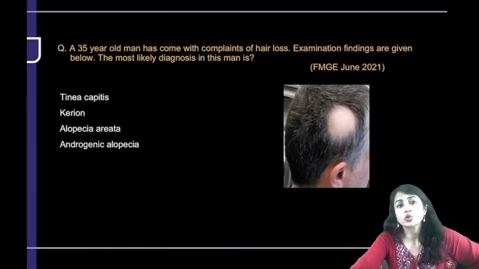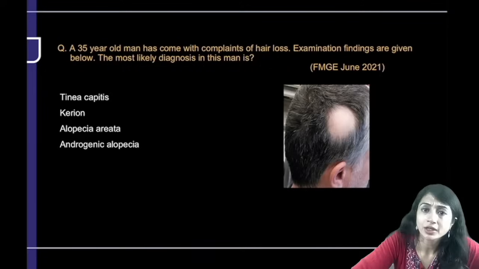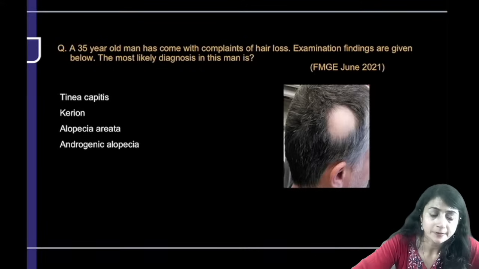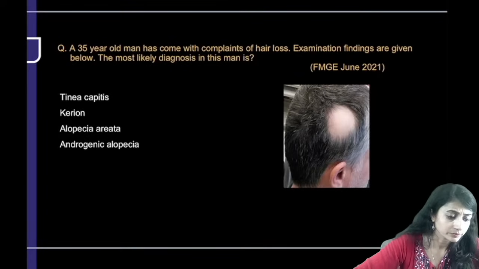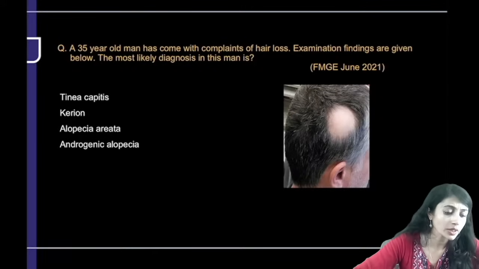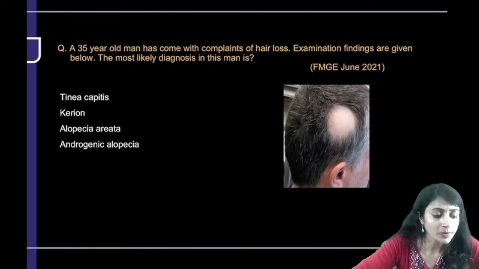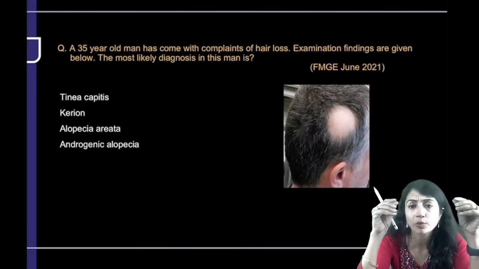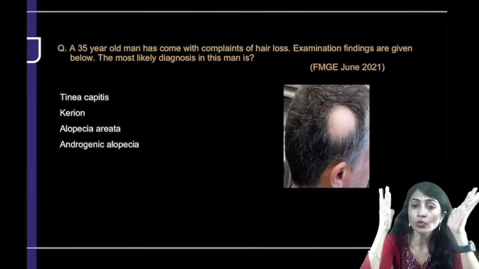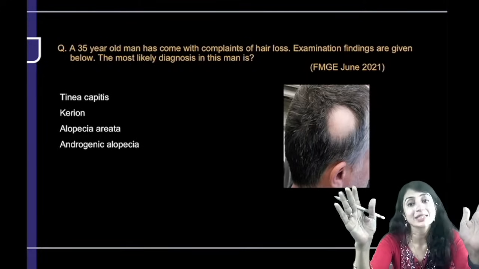A 35-year-old man has come with a complaint of hair loss, and you see this. So what is the most likely diagnosis here? The difference between chromoblastomycosis and mycetoma: in chromoblastomycosis you see copper penny bodies and more pigmented verrucous lesions.